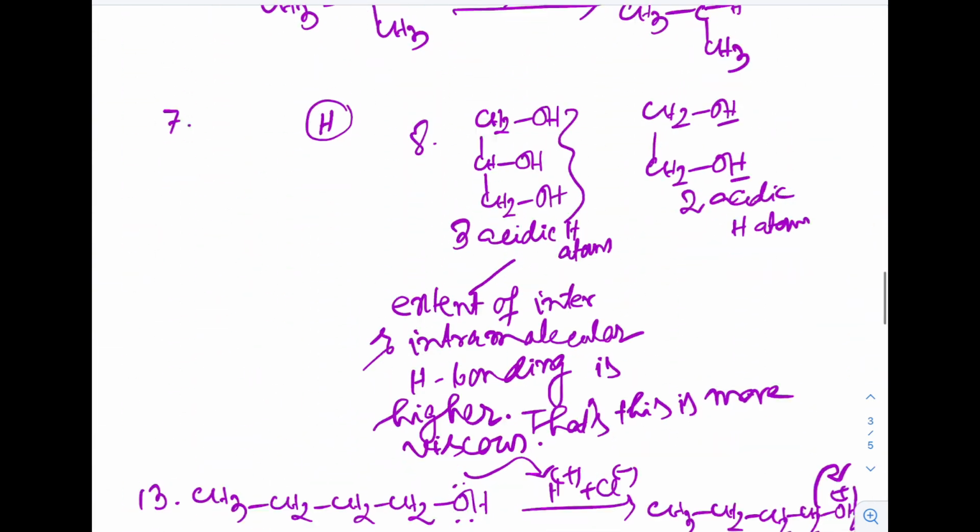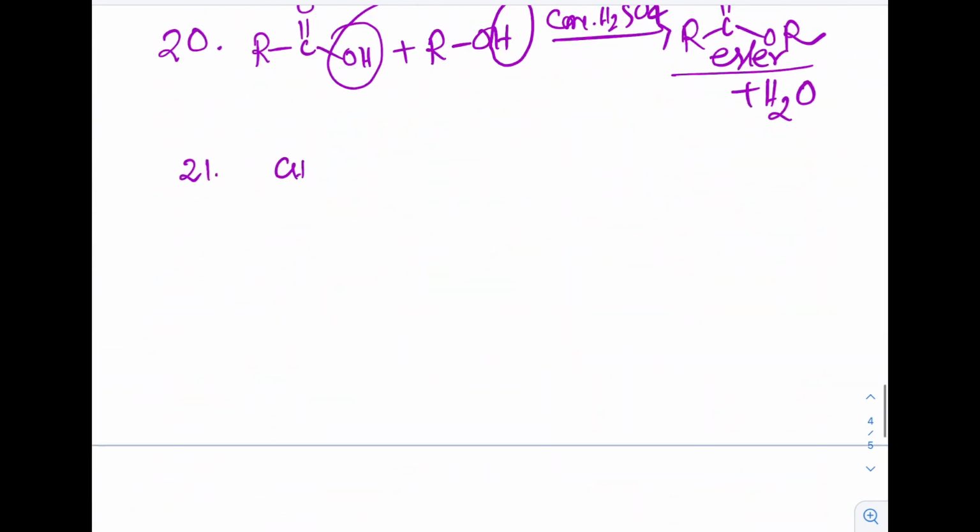Ethyl alcohol is ethanol. Sec-propyl alcohol means 2-propanol.